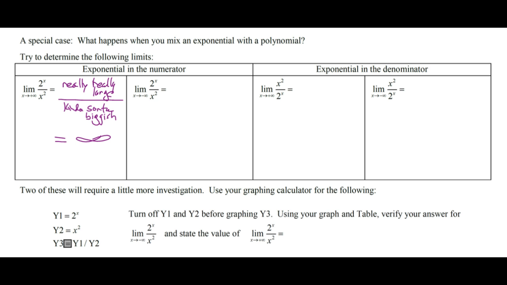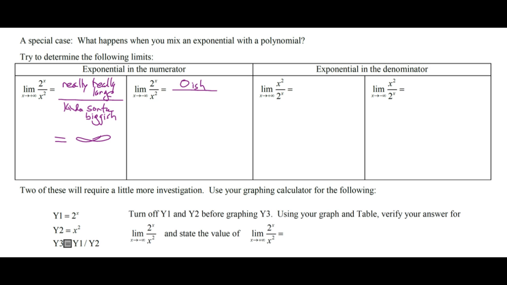All right. So if we go to negative infinity, what's 2 to the x going to be? Really 0, kind of. Zero-ish. And what's x squared going to be?